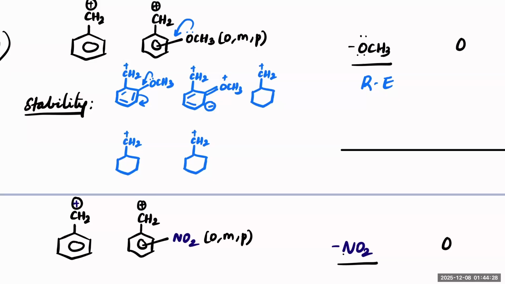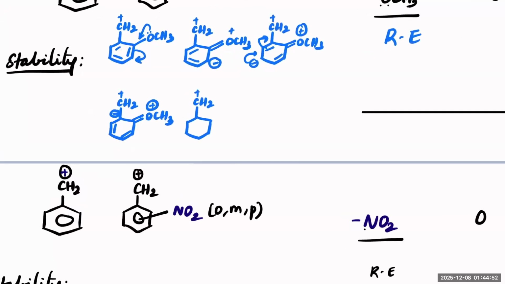Next, that negative charge will keep moving across this benzene ring like this, double bond OCH3 plus. Again, this will try to push here, removing this pi bond. So we'll get minus charge here, double bond here, double bond here, and double bond OCH3 plus.